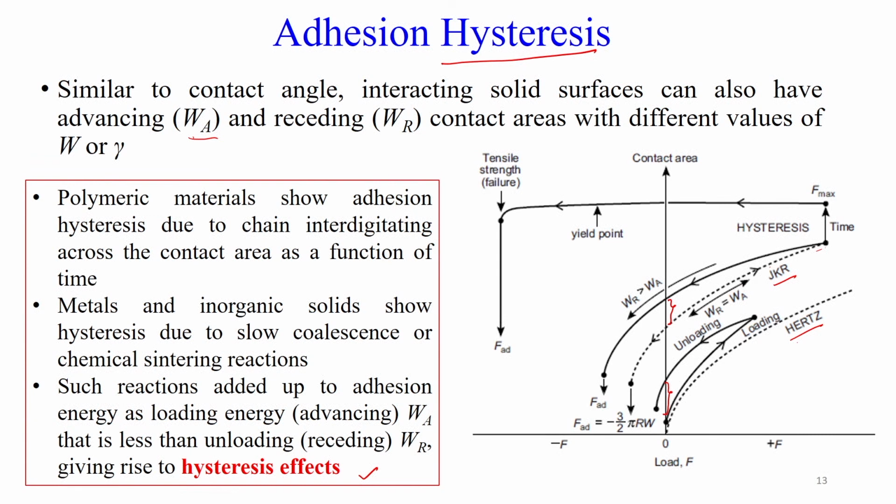In the case of polymers, it is because of the presence of chains. In the case of metals or inorganic solids, the presence of some ions or functional groups affects, or changes, the properties of the interface.